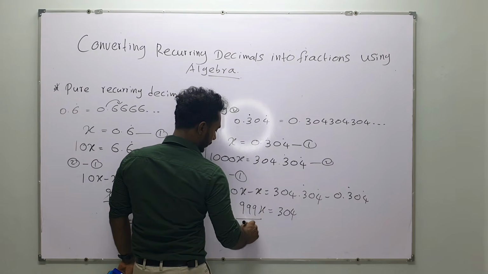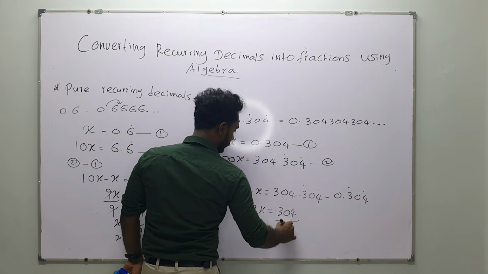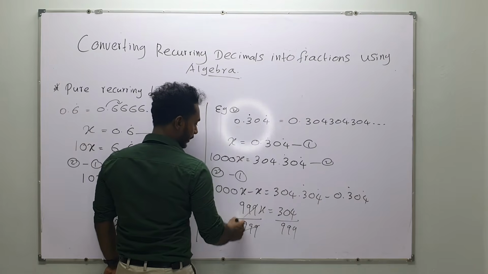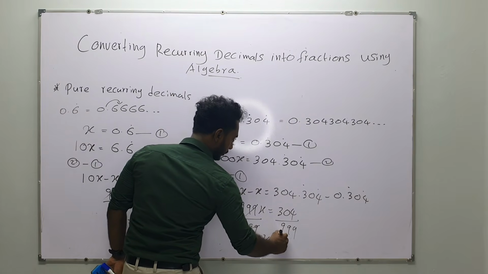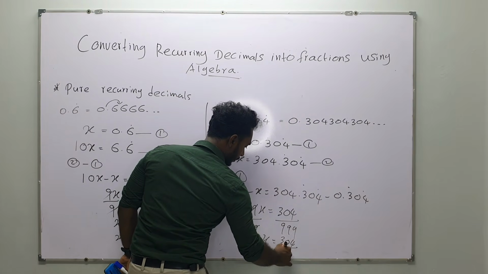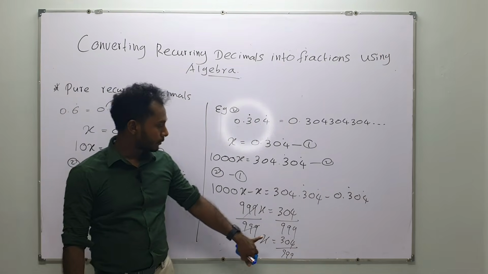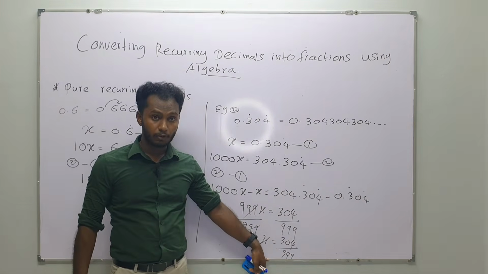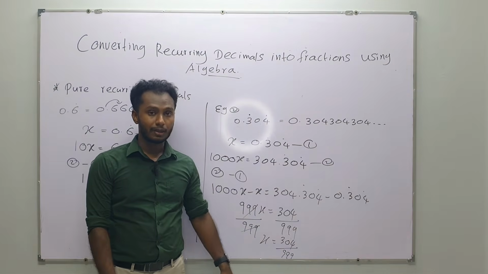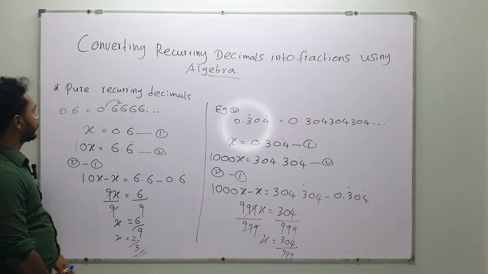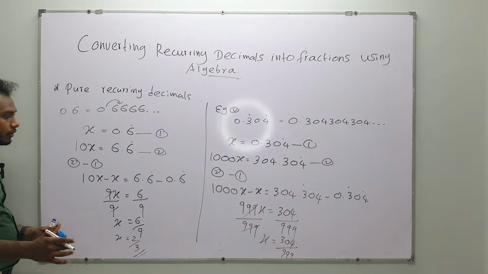Divide both sides by 999. You will get x equals 304 over 999. If you put this in the calculator, you will get the simplest form of the fraction. Write that as the answer. So that is how you convert pure recurring decimals into fractions.